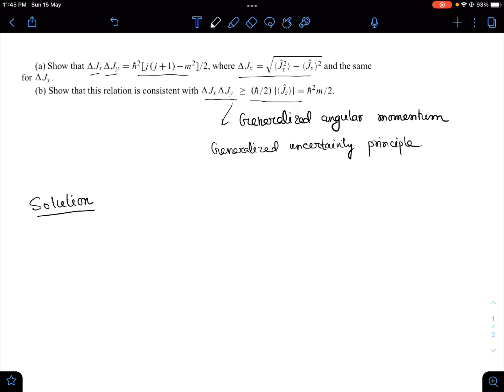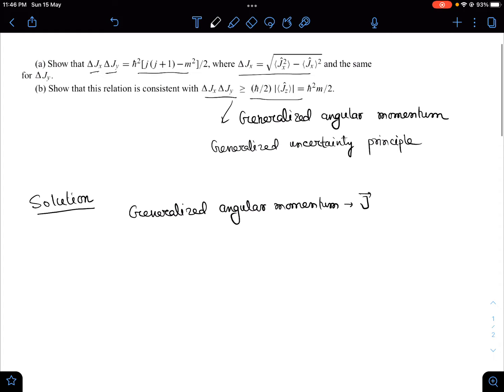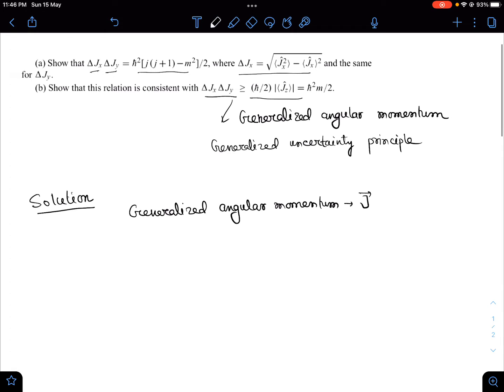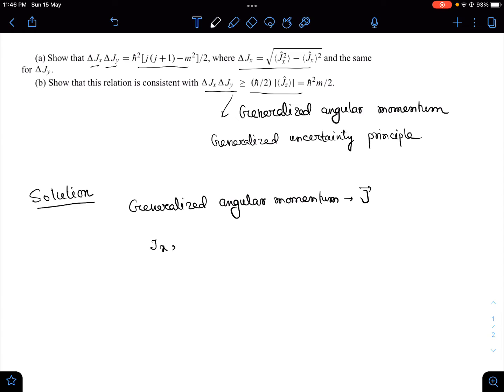So suppose we have our generalized angular momentum J. It is in 3D, so it will have three components. Let us use Cartesian coordinates, so it will have three components as Jx, Jy and Jz.